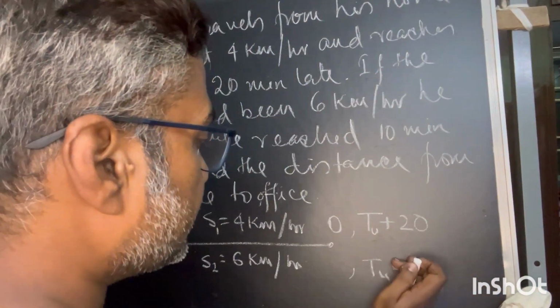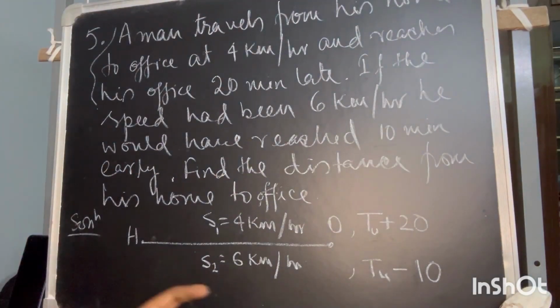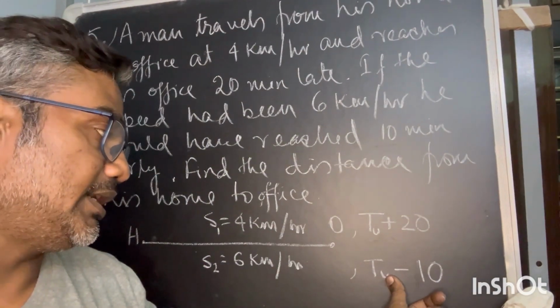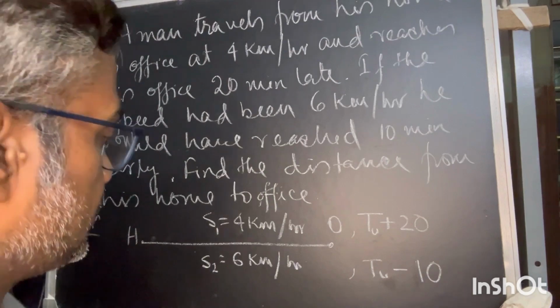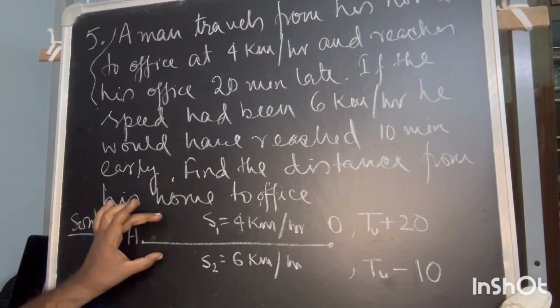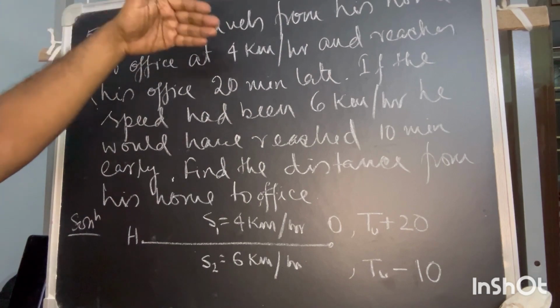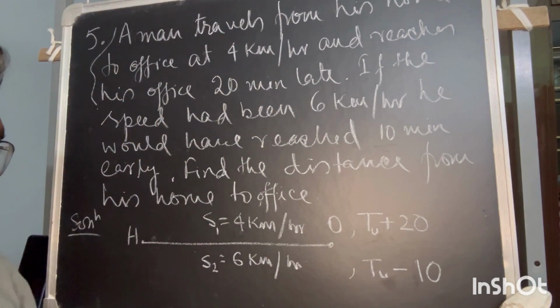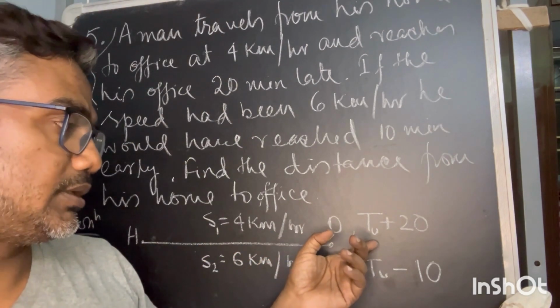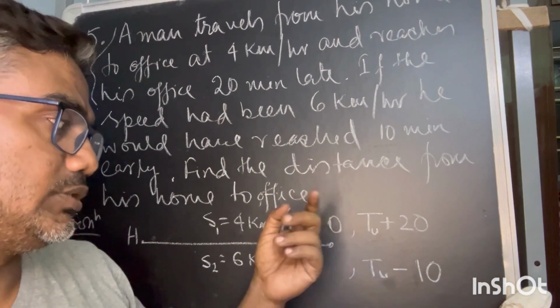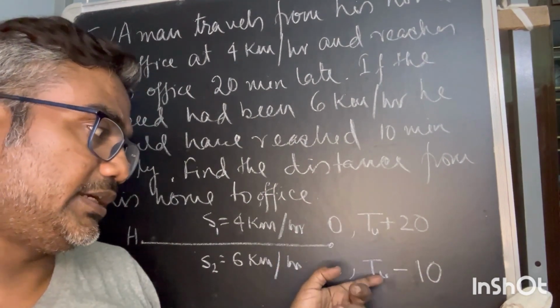Understood? So my point of reference has to be the usual time, that he may reach with a speculated speed that could have got him to the office at the usual time.